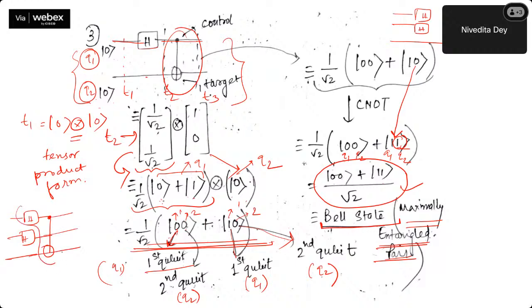Because of the Hadamard and CNOT combination, it is also entanglement, but it is just not the maximally entangled state.